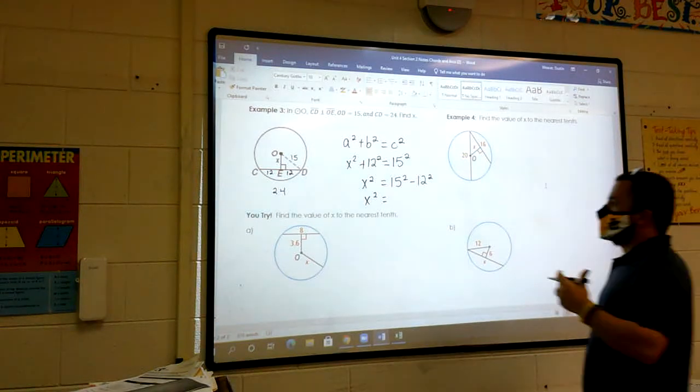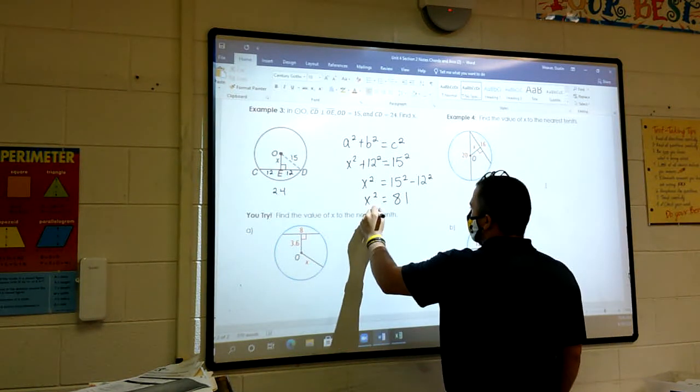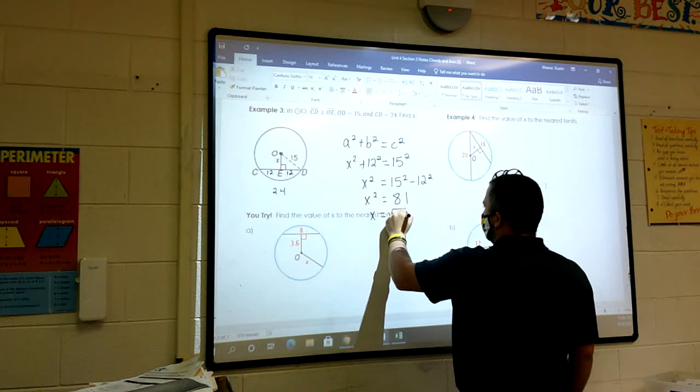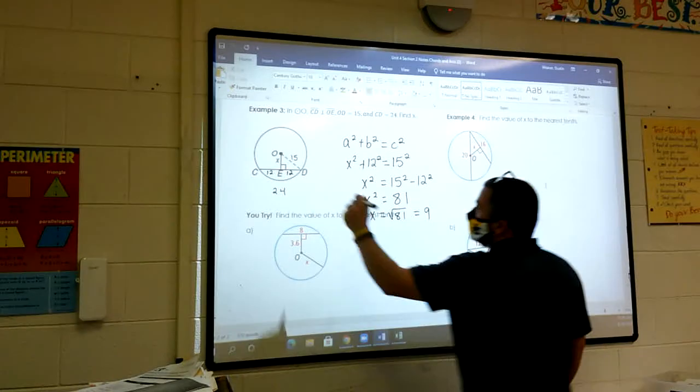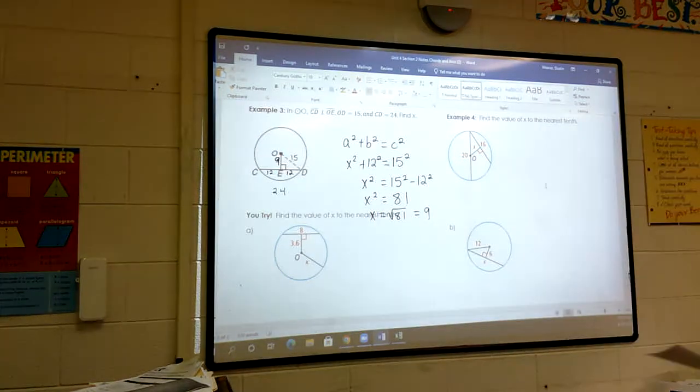So x squared equals 81, and then we want to take the square root of that. 9. Yep, that is 9. So x is 9. So 9 is going to be our answer there, and that makes sense. The two legs, remember, have to be shorter than the hypotenuse. So you may have to use the Pythagorean theorem as you go through this. So that is one way of solving some of these questions, especially if it shows you that it sets up like a triangle. And this one shows how it's set up like a triangle there.